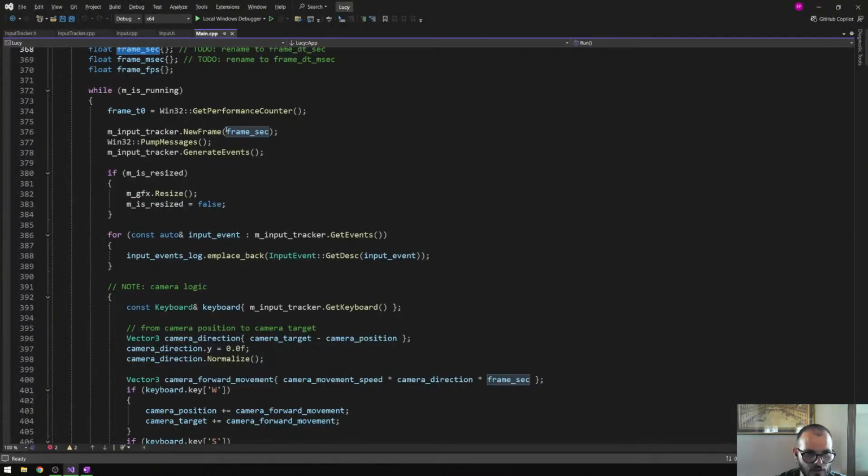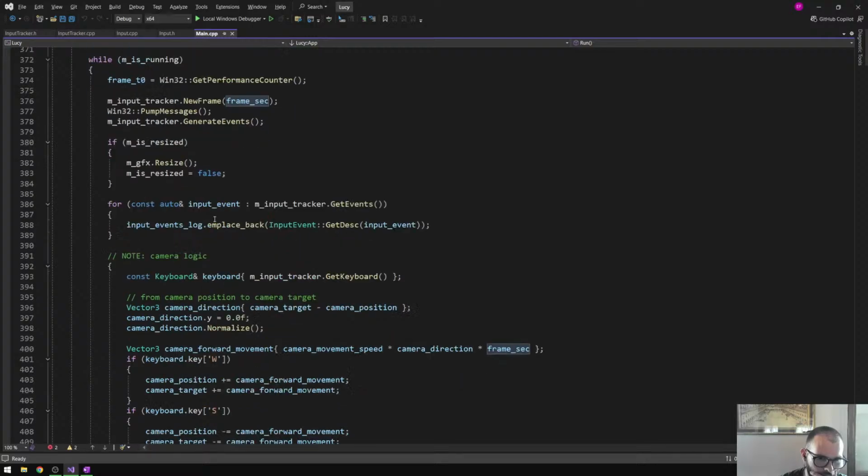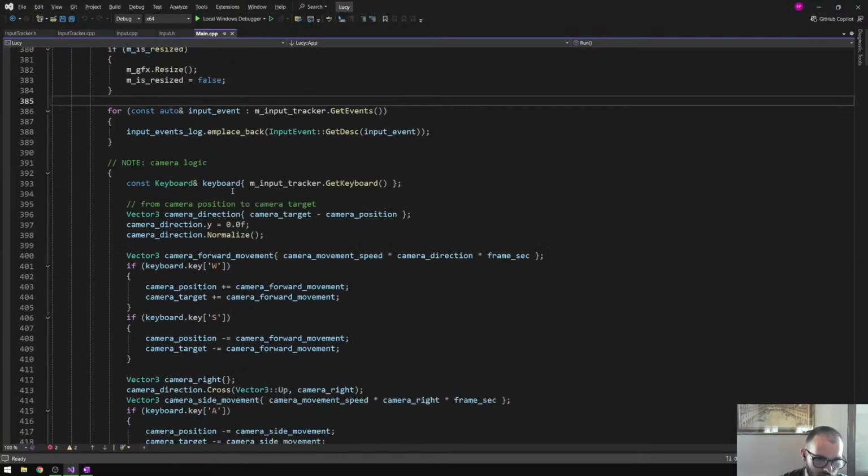As soon as we start, this is 0, a wheel input event occurs.